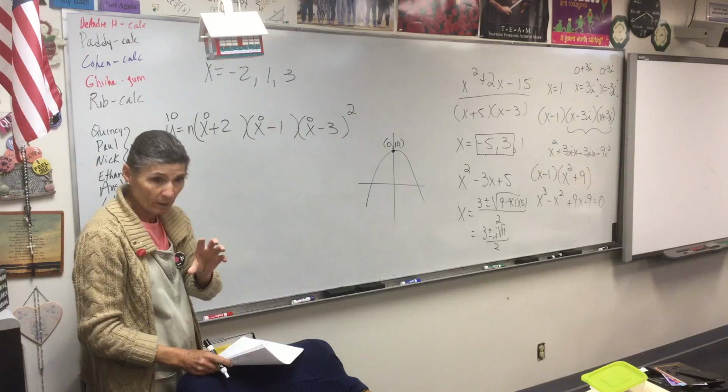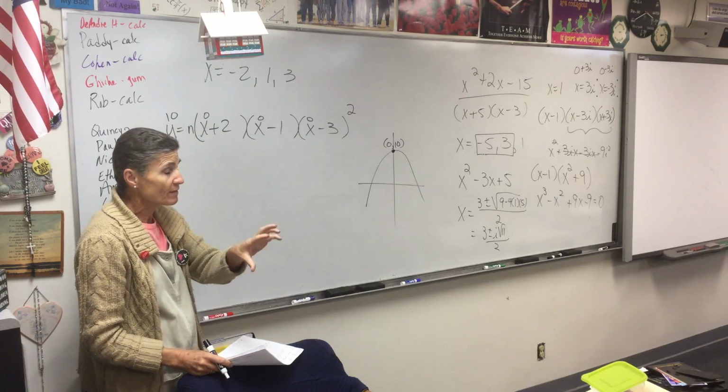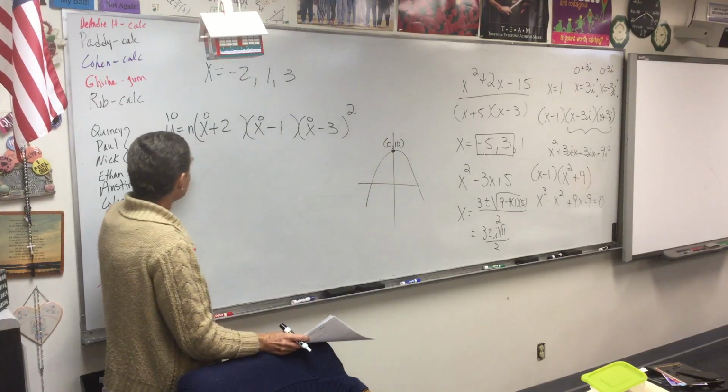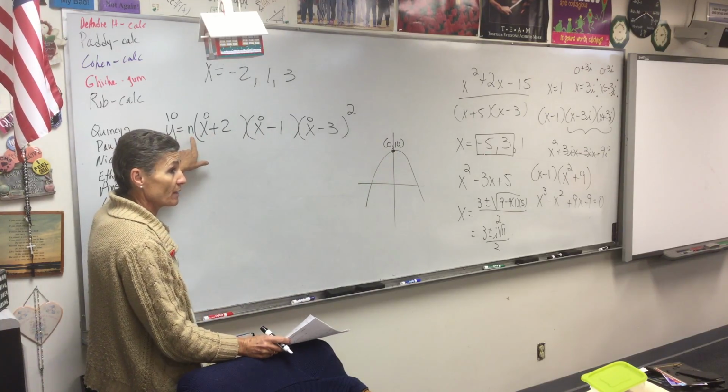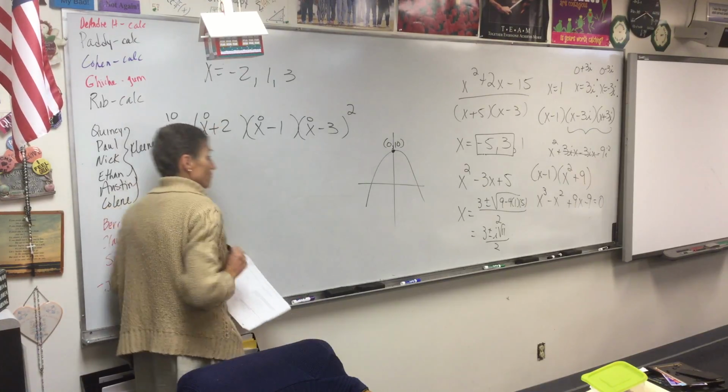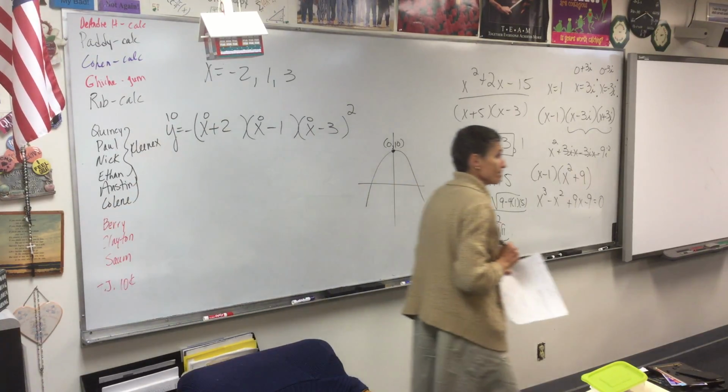Remember you had that extra point? You did it on your quiz. You plugged it in. Here I would have an extra point, I could plug it in and work out that number. We can't do that. Just put a negative out here and you're finished. Okay?